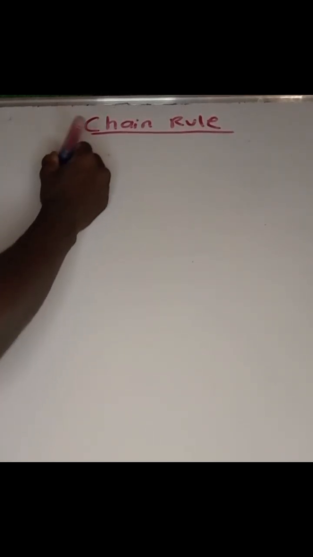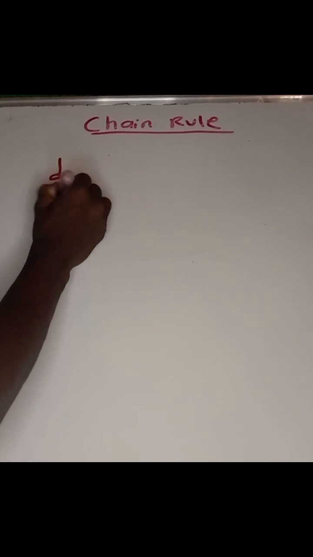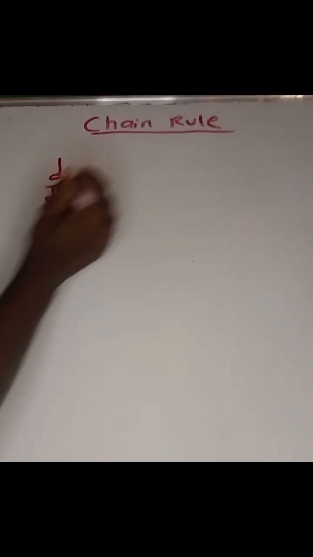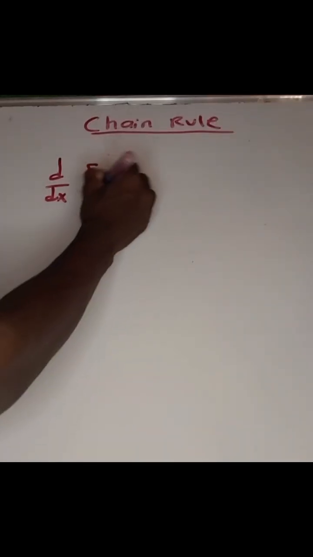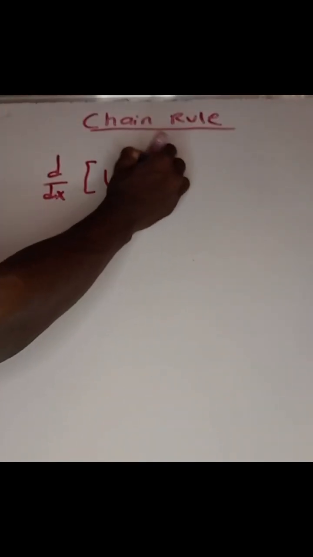In this tutorial, we are going to talk about the chain rule. The main basic idea on chain rule is, suppose we have d over dx of u to the power of n.